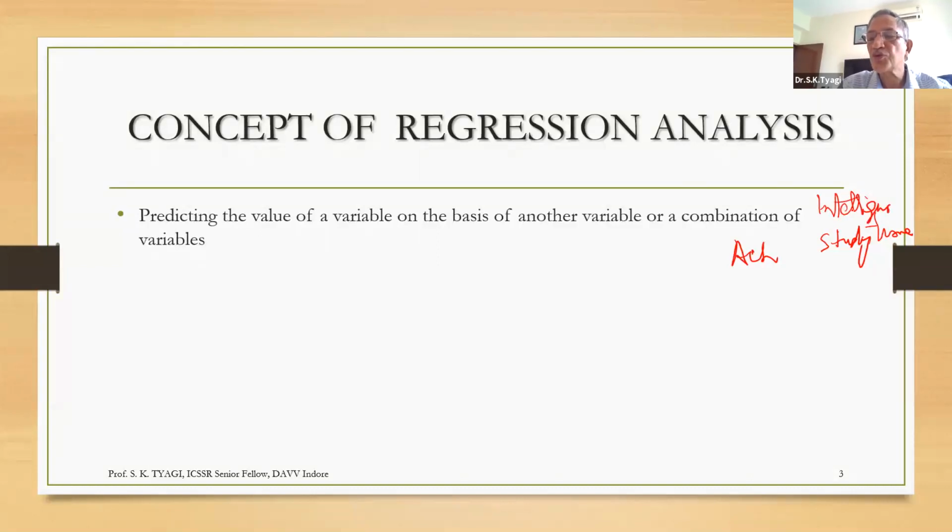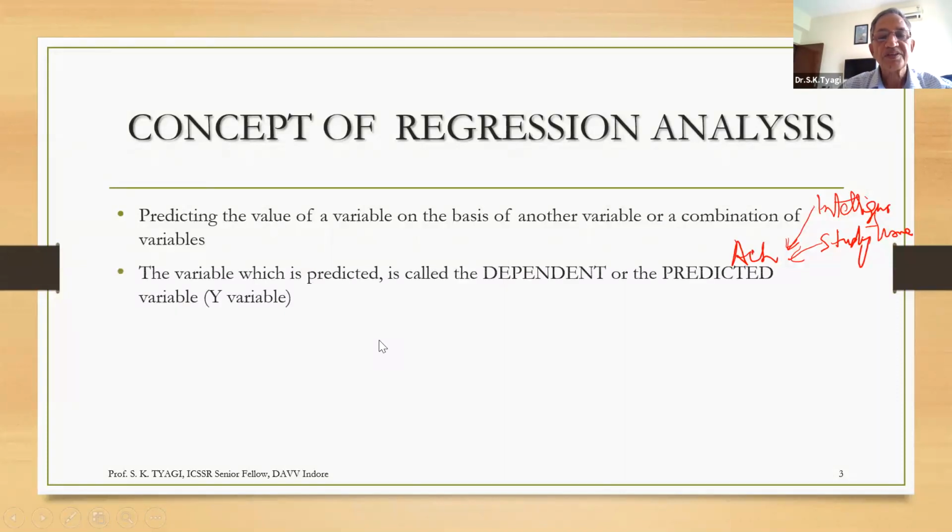So now we have two predictors, intelligence and study hours, and the dependent variable is achievement. We want to predict achievement. What is the contribution of intelligence in predicting achievement? What is the contribution of study hours in predicting achievement? How do both of these combine to predict achievement successfully? These are some of the questions which are addressed by regression analysis.